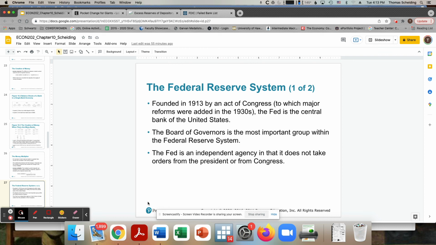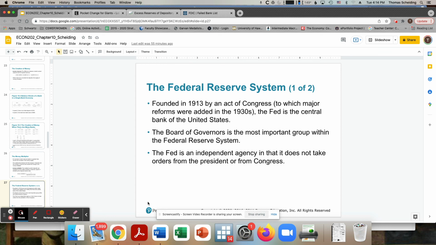The Federal Reserve got more powers with the Great Depression, and despite its name, it is not part of the government. It is independent of the government, although the president and the Congress appoint and confirm leaders within the Federal Reserve, such as the Board of Governors.